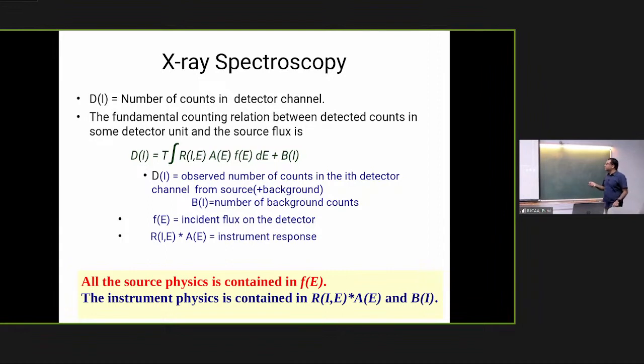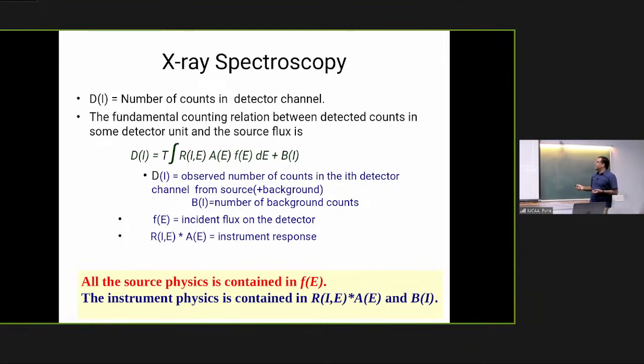Let's say the real spectrum of the source is the flux as a function of energy. That is what is emitted from the source, and that spectrum is observed by the instrument. What we get is the data, the number of counts in the different channels.